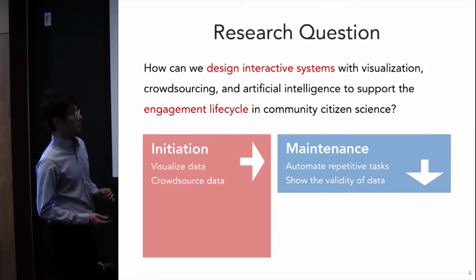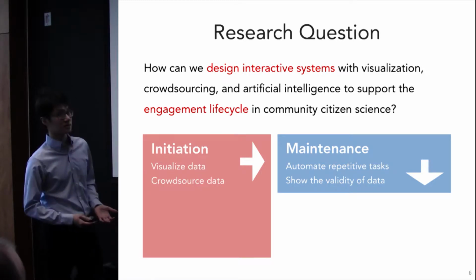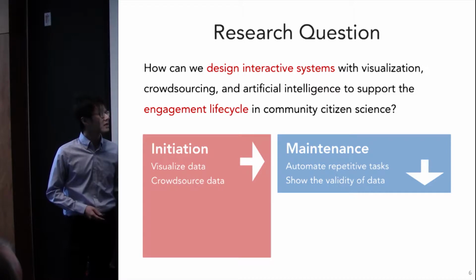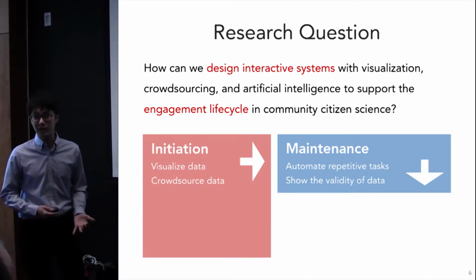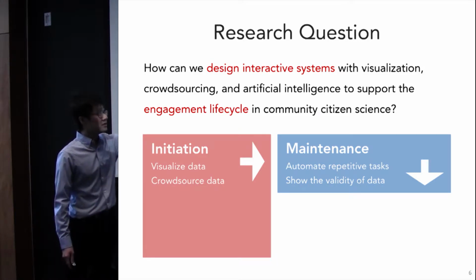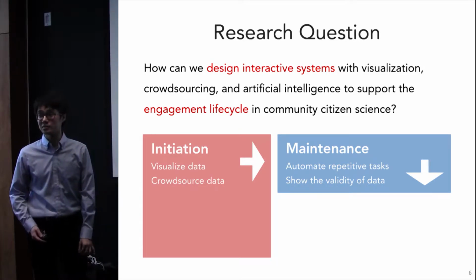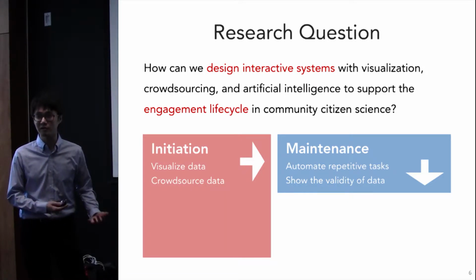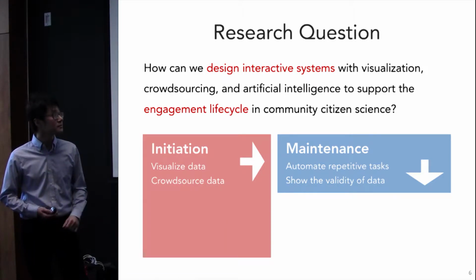For example, how do we automate repetitive tasks when people are using the data to collect evidence? Another one is, can we extract knowledge from the data and show it to people? This is important for this step because a lot of citizen science projects stop or died in the middle because they do not have enough participation.